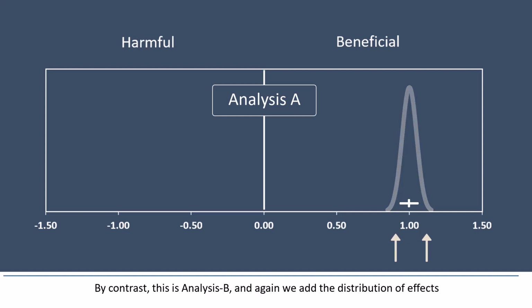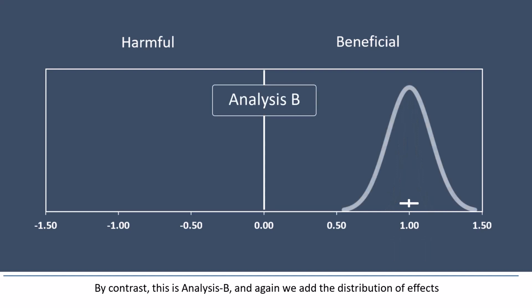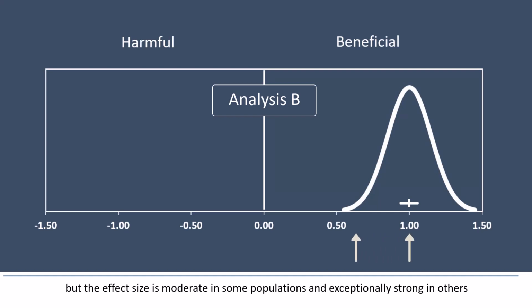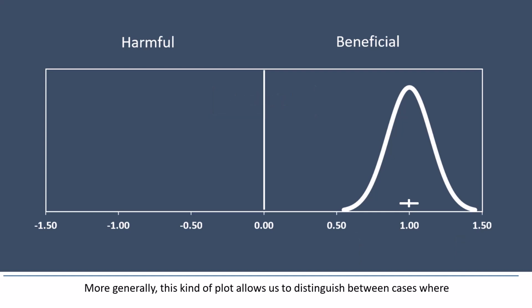By contrast, this is analysis B, and again we add the distribution of effects. Here, the mean is close to 1.0, but the effect size is moderate in some populations and exceptionally strong in others. We need to report that this is the case, and possibly try to identify factors that are associated with the variation in effects.